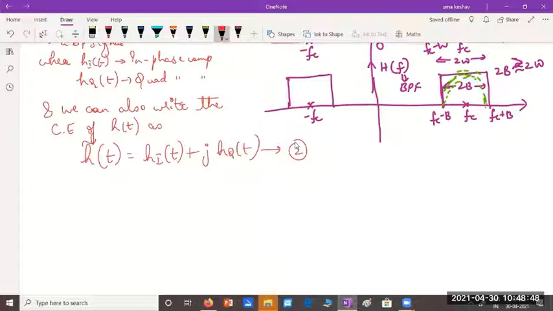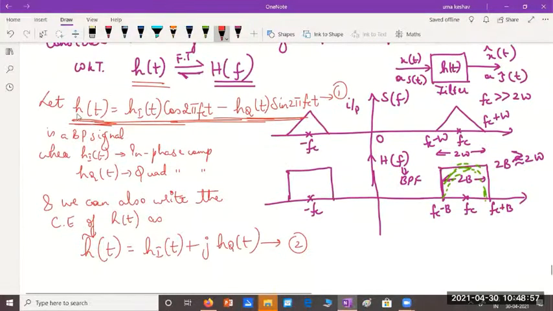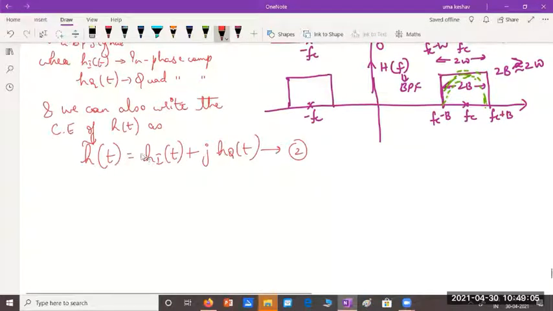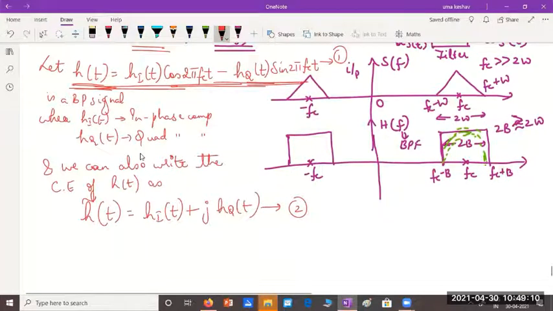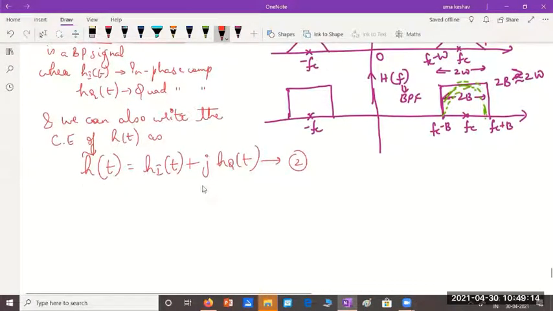So any given signal, if it is a bandpass signal, can be represented in canonical form as hi cos theta minus hq sin theta, where theta is 2 pi fct. And if I want the low pass representation of this signal, then I can write it in terms of its complex envelope as the sum of the in-phase and quadrature phase components.